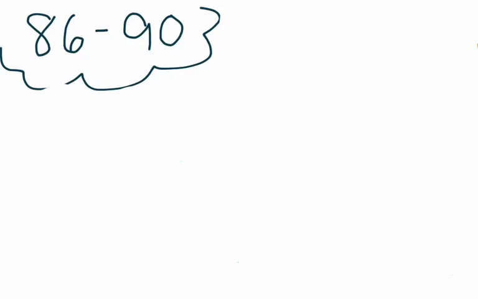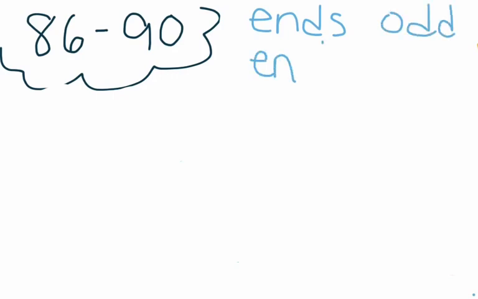The number one thing that we went over during evens and odds lesson is if it ends odd, the whole thing's odd. If it ends even, the whole thing's even.